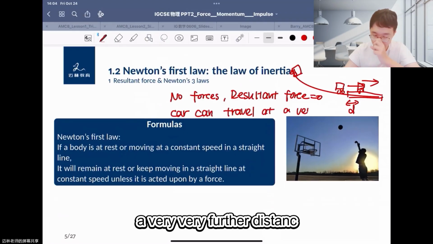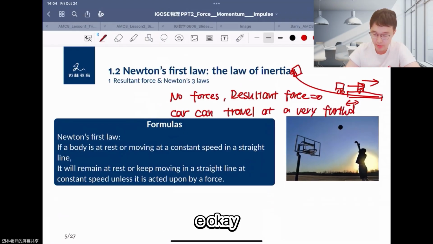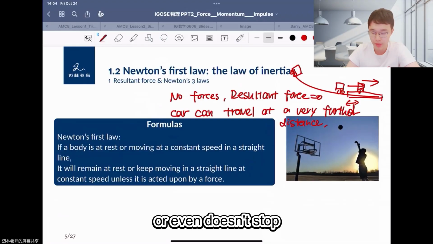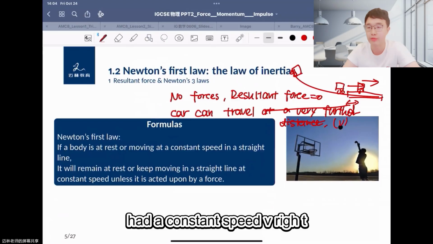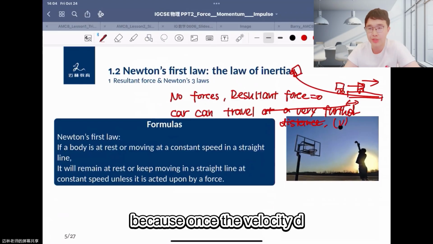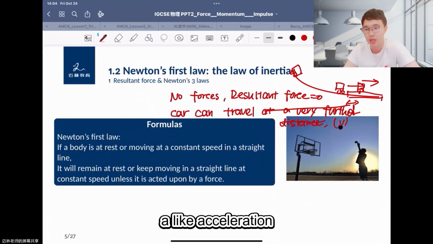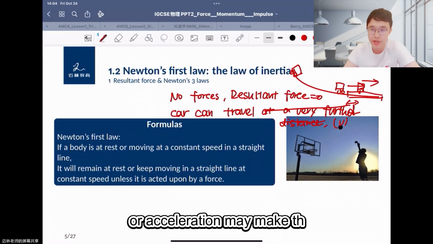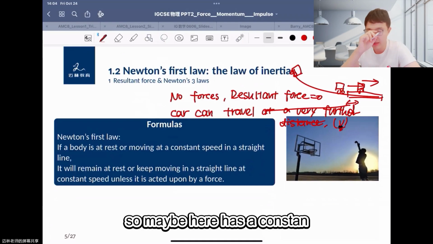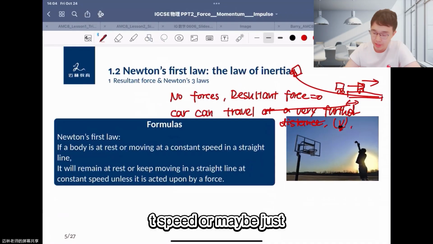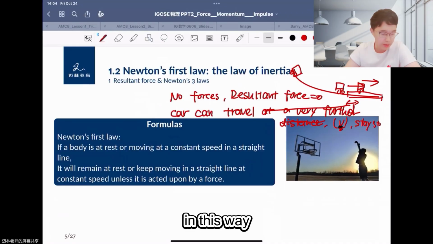Or even not stop. Then we can use another phrase: it has a constant speed v, right? Because once the velocity decreases, the acceleration or deceleration may make the car stop, right? So maybe it has a constant speed, or maybe just stays still, okay?